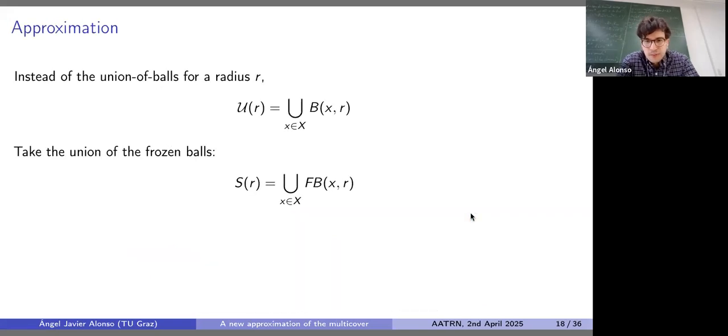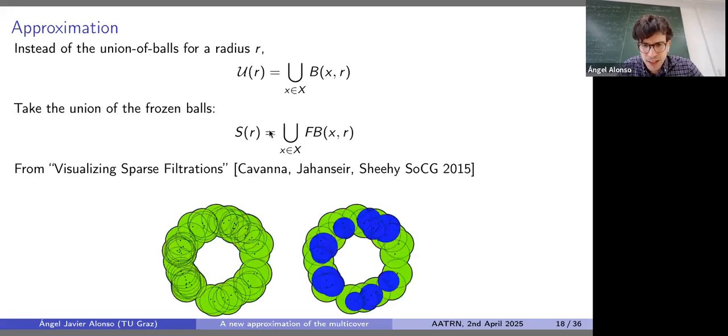So now a very visual approximation is, instead of the union of balls, we just take the union of these frozen balls. I have taken these pictures from this video of Cavanna, Jahanseir, and Sheehy, which is great. You can see here the union of many balls, and here in blue we have some frozen balls.